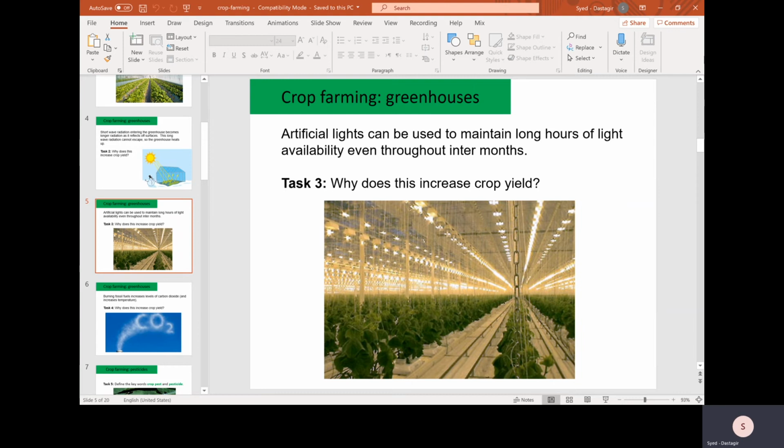Now, if we can manipulate the amount of light going through the greenhouse, we can obviously increase the yield because the plants will have more light, therefore more photosynthesis, and in conclusion, we can say that there's an increase in crop yield.